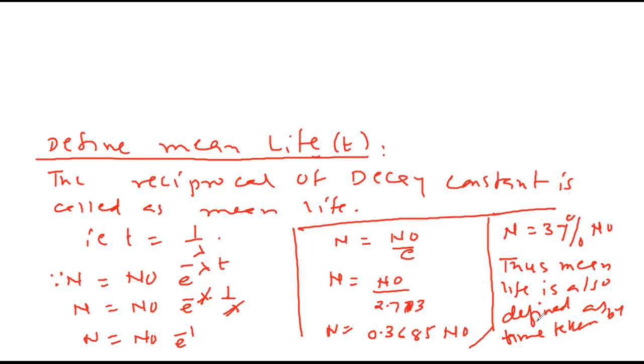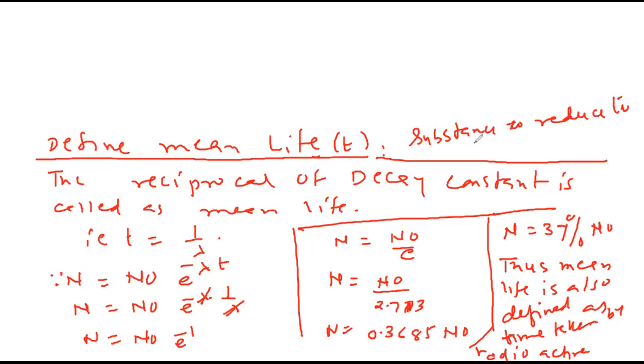Copy now. Thus, mean life is also defined as time taken by radioactive substance to reduce to 37% of original value.